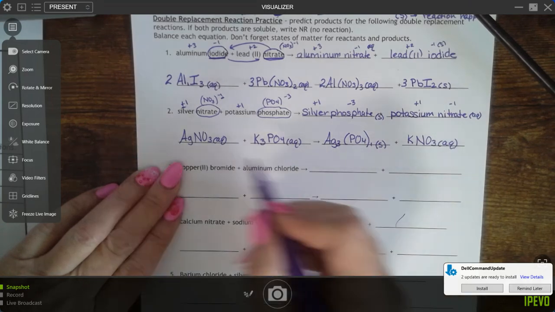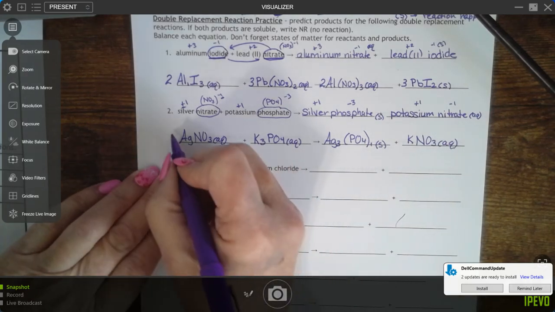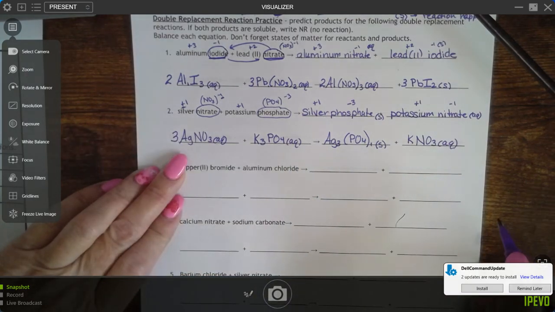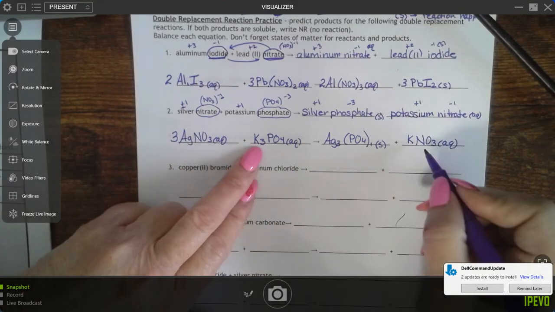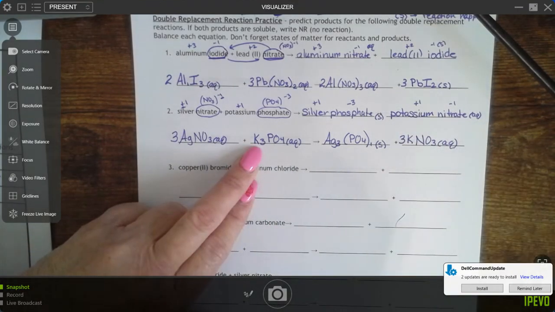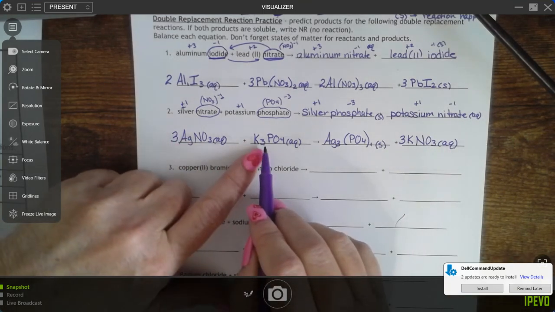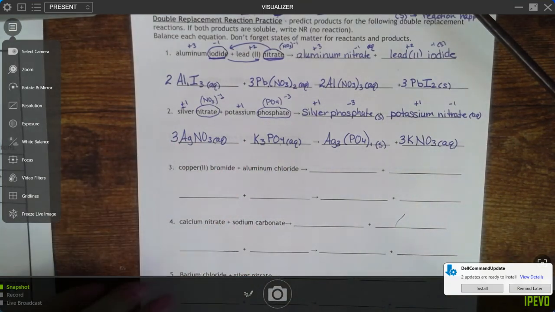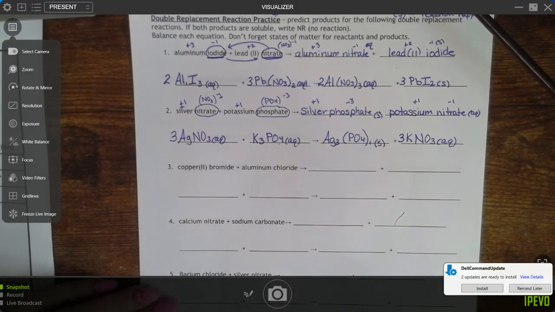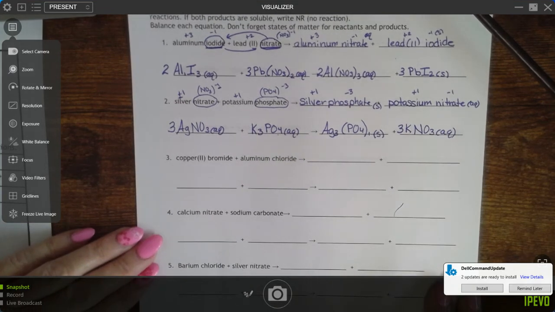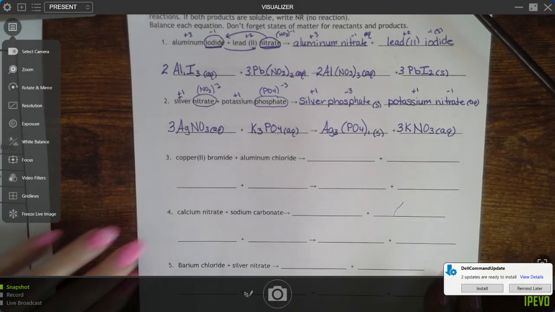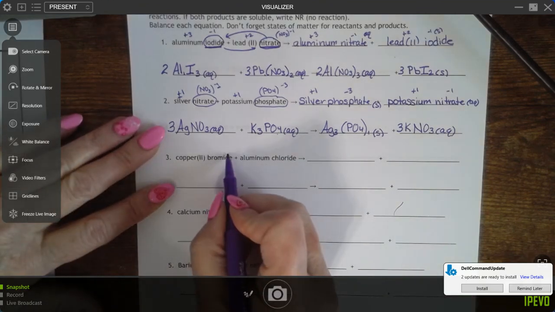All right, so let's see. I have 3 silver here and only 1 here, so this needs a 3. I have 3 potassium, so I need 3 here. Let's see, so now I've got 3 nitrates, 1 phosphate, 1 phosphate. So my equation's balanced. All right, let's look at this next one. We have copper bromide and aluminum chloride.